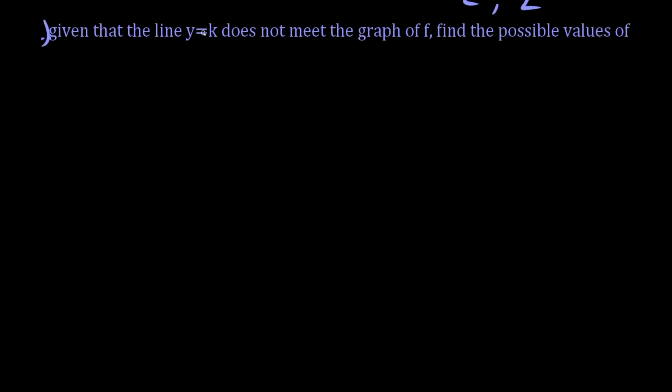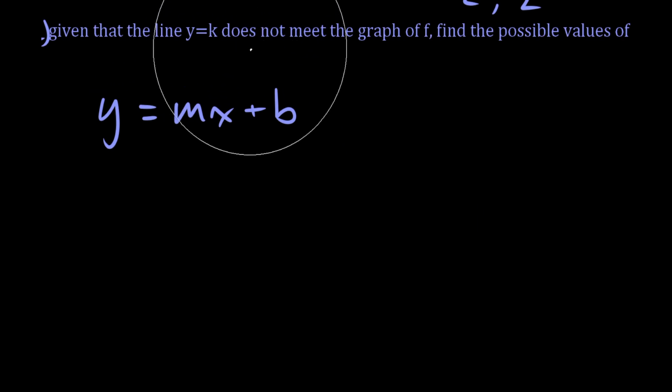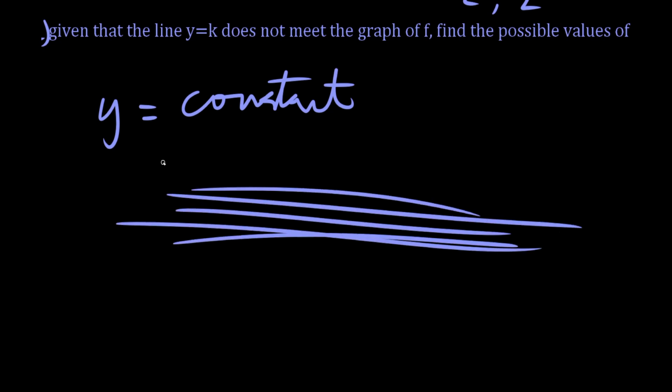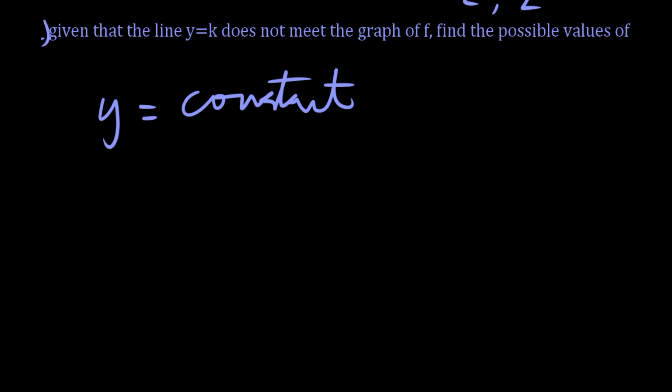And finally, given that the line y equals k does not meet the graph of f, find the possible values of k. Sorry, y equals k would imply that it is a horizontal line. So y equals constant, which means it has no slope, but it's just any horizontal line that can be fit into this graph.